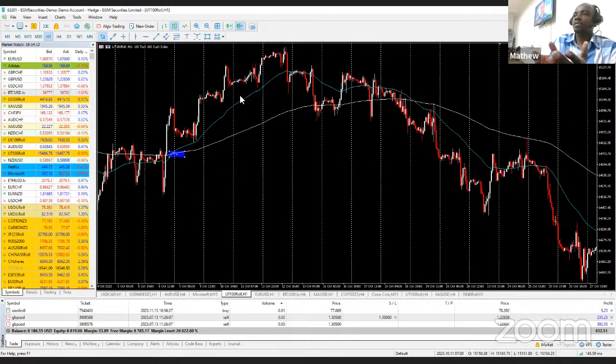So in this case, we've said when the price is above the 50 EMA, then it shows an upward trend. So we can see clearly that is what transpired over here. Now, if we go now to 18th, I believe 19th, sorry, we can see another cross over here.